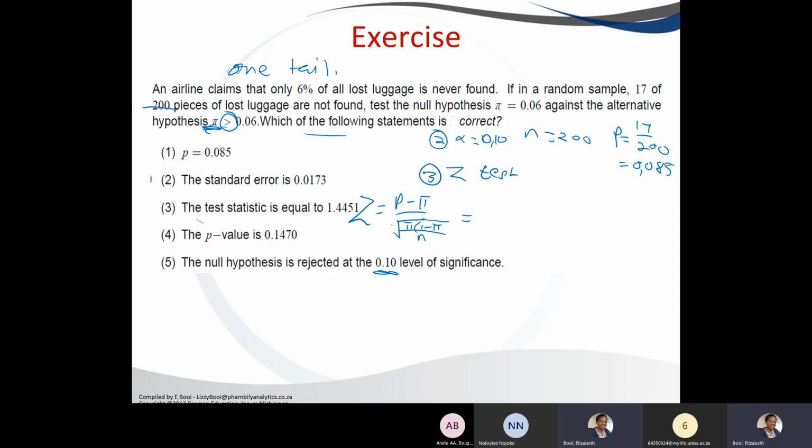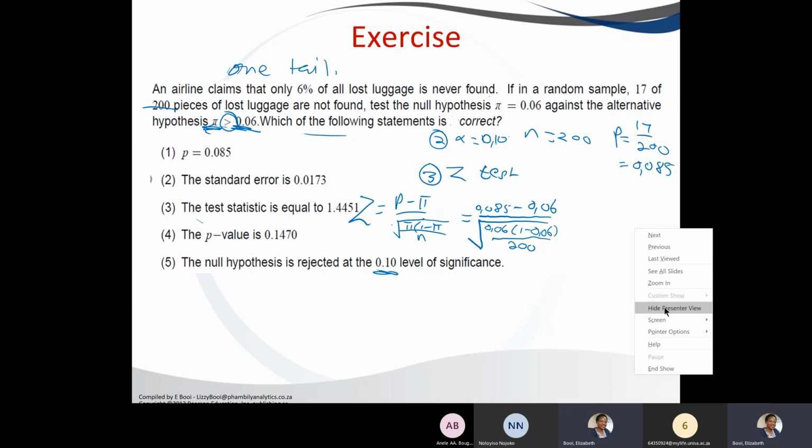Substituting the values, our sample proportion 0.085 minus our population proportion, which is 0.06, in the hypothesis testing statement, divided by our standard error, which is the square root of 0.06 times 1 minus 0.06 divided by 200.